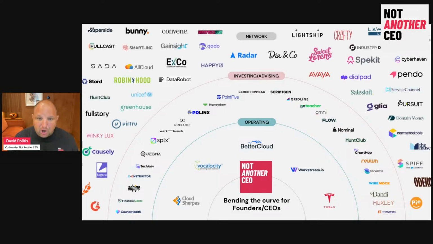And even more broadly, the network of contributors and experts that we've brought in through our podcast, through our Substack. We've brought all of this knowledge together to pay it forward, and to help the next generation of founders and CEOs bend the curve.